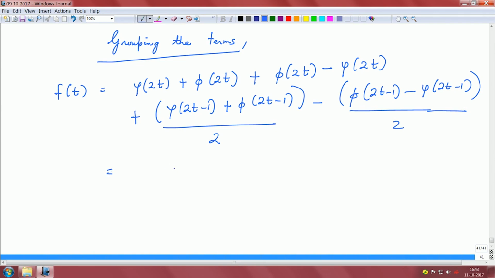Which is basically 2 times phi of 2t plus psi 2t minus 1. Now, this belongs to W1 and this belongs to V1.